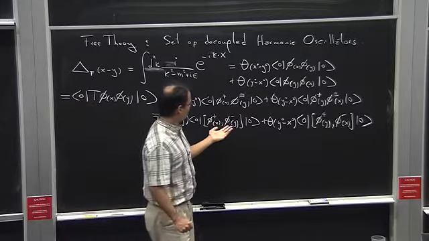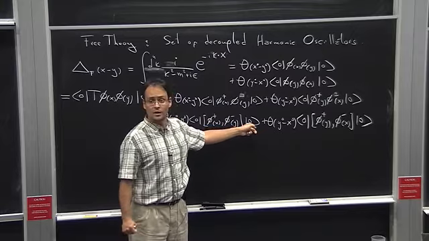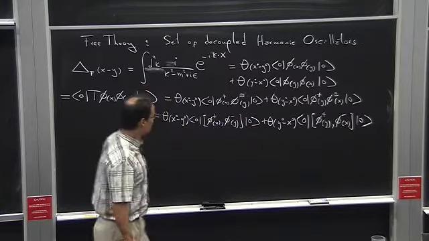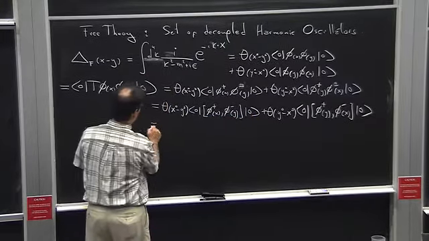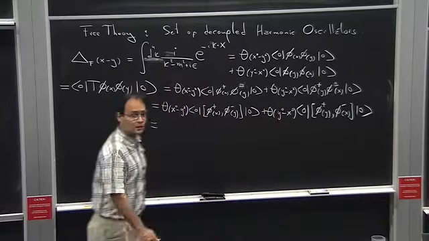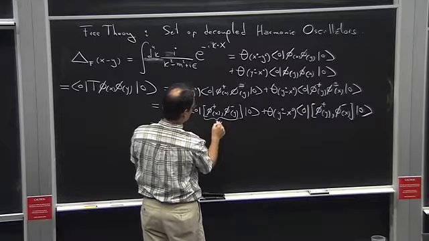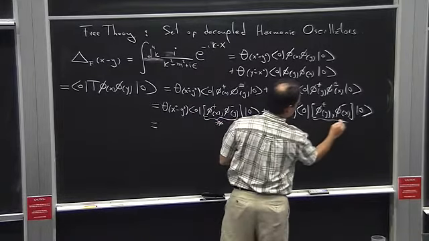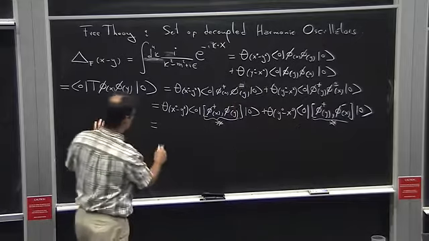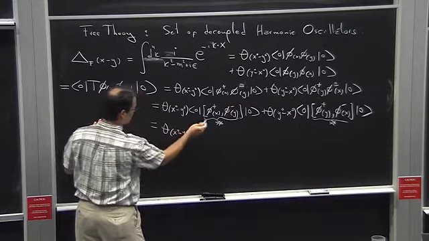So if it's a number, it's something that can be pulled out of the expectation value. Now we can pull out of the expectation value everything that we have here, because this is a number. This is also a number. So we can pull it out and say, well, this thing is this.